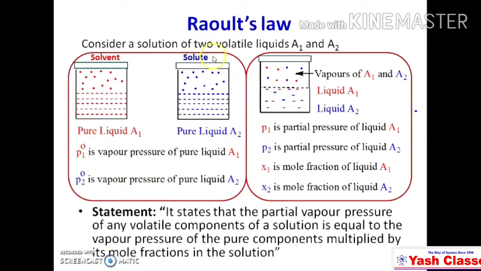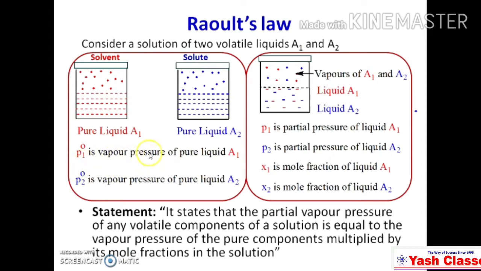Consider two volatile liquids A1 and A2. This is pure liquid A1, and suppose it acts as the solvent when its solution is prepared. It is the larger component in the solution. For this pure liquid A1, P10 is its vapor pressure in the pure state.